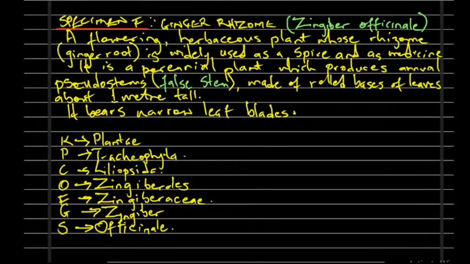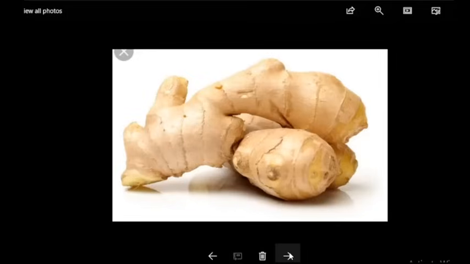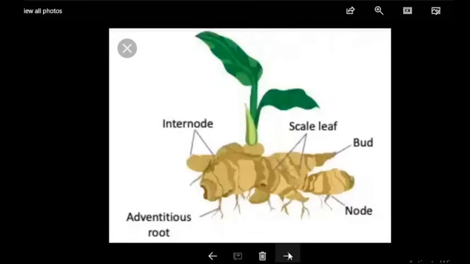We have been given it as our specimen F. So let's see what a rhizome looks like. This is a typical example of a rhizome, ginger particularly. This is a ginger root, and this is how the plant looks. We can see the plant has a leafy stem. That is why we call it a pseudostem.